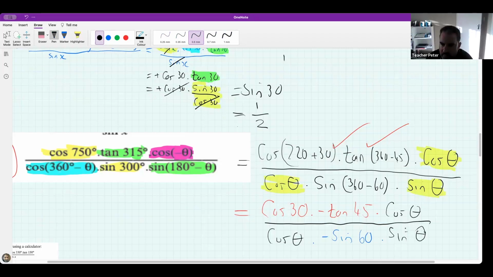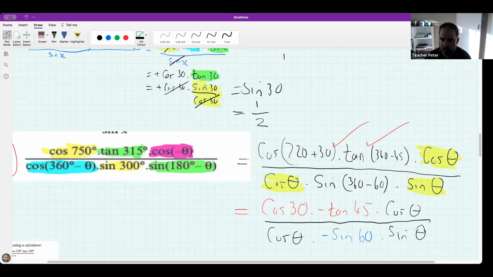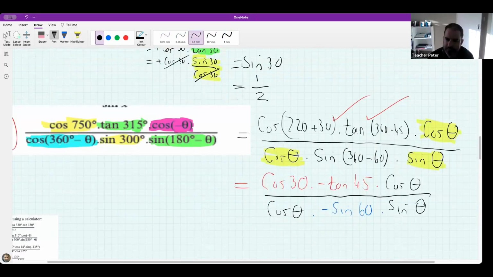What am I going to do next, everyone? Who has an idea about what I should do next? What is the most obvious thing to do in terms of simplifying what I have? What can I cancel out? I think I can cancel out the cos theta. Yeah, exactly. So that's gone. Now, is there anything else I can cancel out?